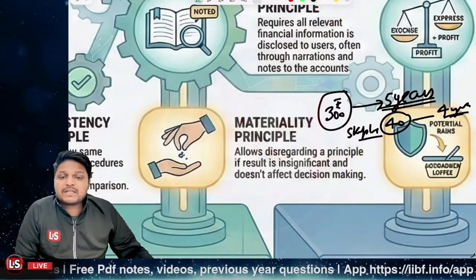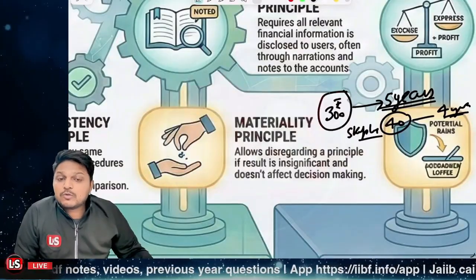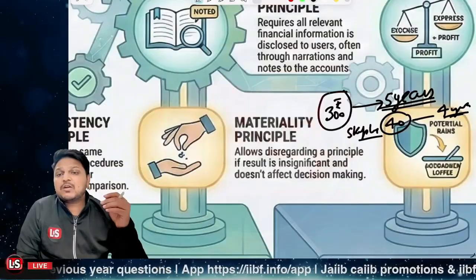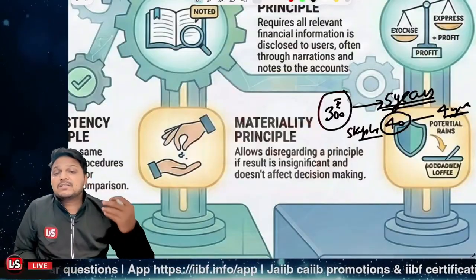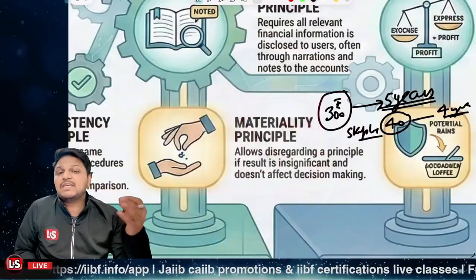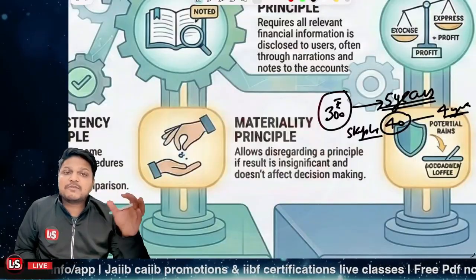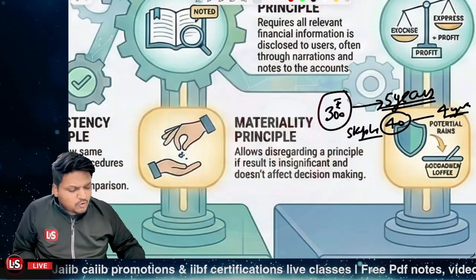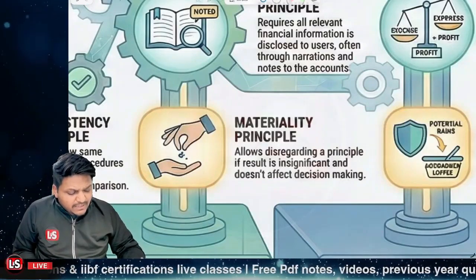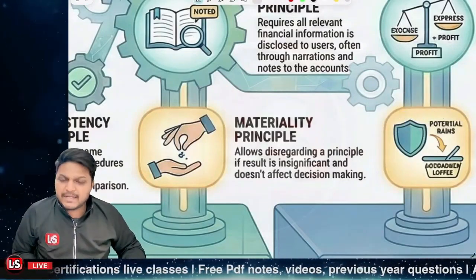Those are not going to impact my financial statements much, right? So the accounting principle basically allows that we can disregard such transactions which are not going to affect the decision making of the users of the financial statements, right? And so as not to make the financial statements very voluminous, the materiality concept is there, right?